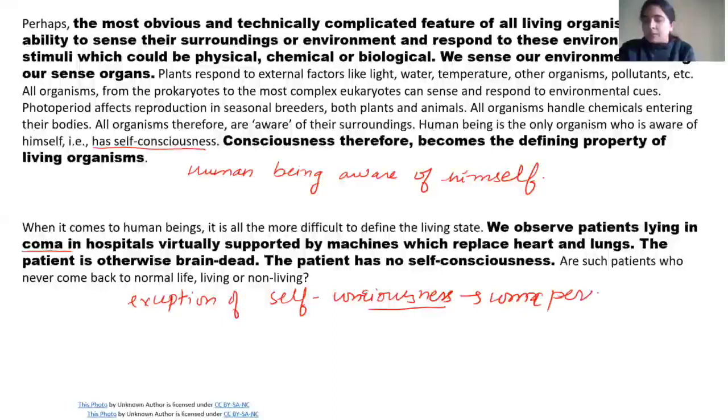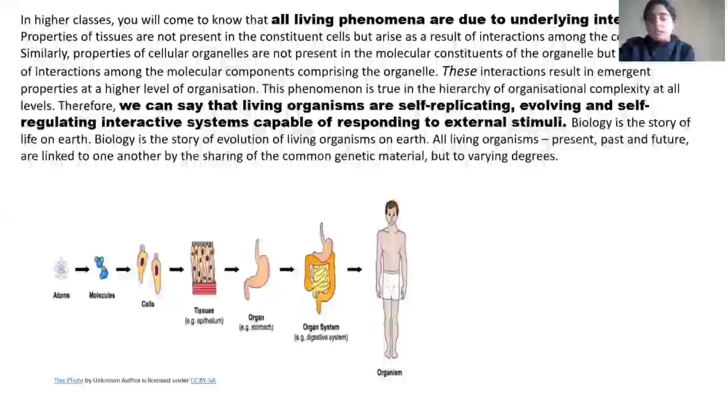This condition of a coma person is called the brain dead condition, because the brain is not working at all. It is not giving any stimulus, and the person is not aware of himself. The self consciousness is lost. So we can conclude that consciousness is a defining feature of living organisms, but we cannot take self consciousness as a defining feature of a living body.